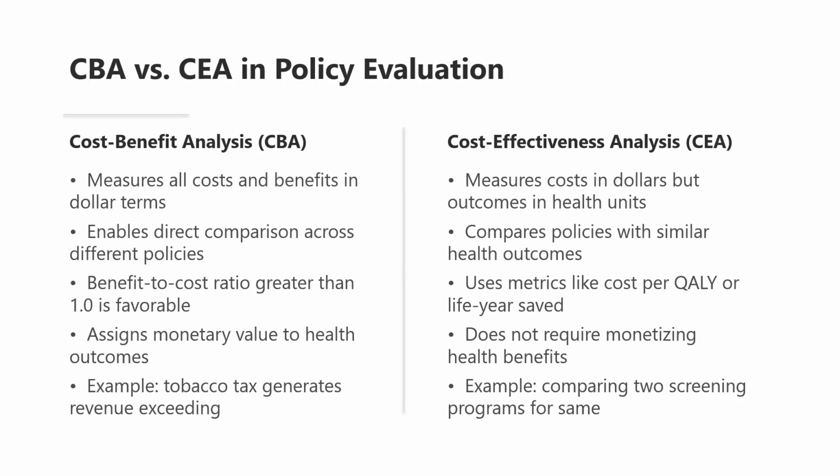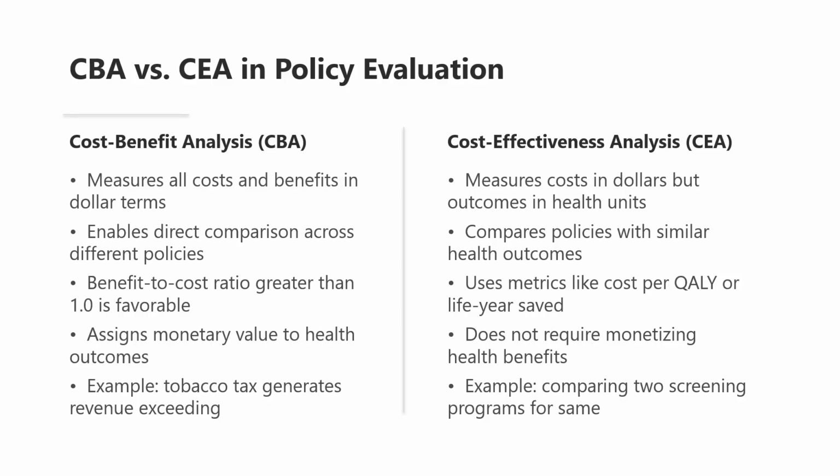Now let us look at two analytical frameworks that frequently appear on the MChess exam when evaluating health policies. Understanding how they differ is essential, and I know you are going to be glad you spent time here. Cost-benefit analysis, or CBA, measures both the costs and the benefits of a policy in monetary terms. This means you must assign a dollar value to everything, including health outcomes.